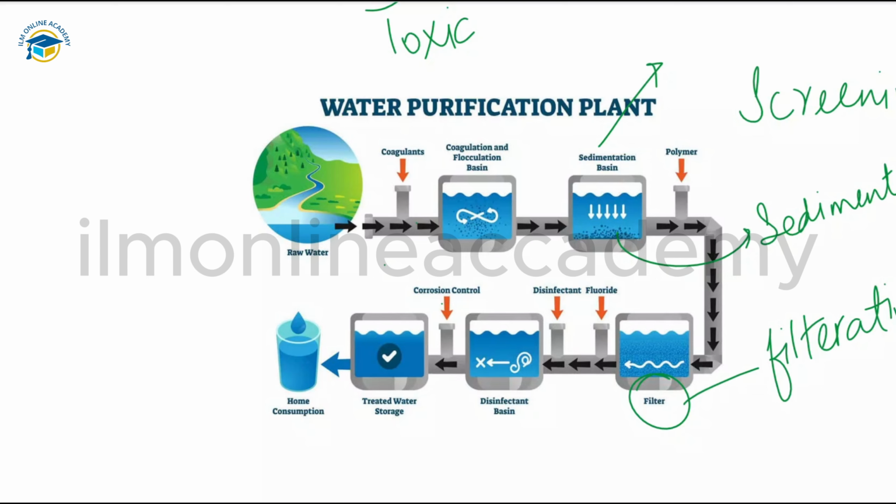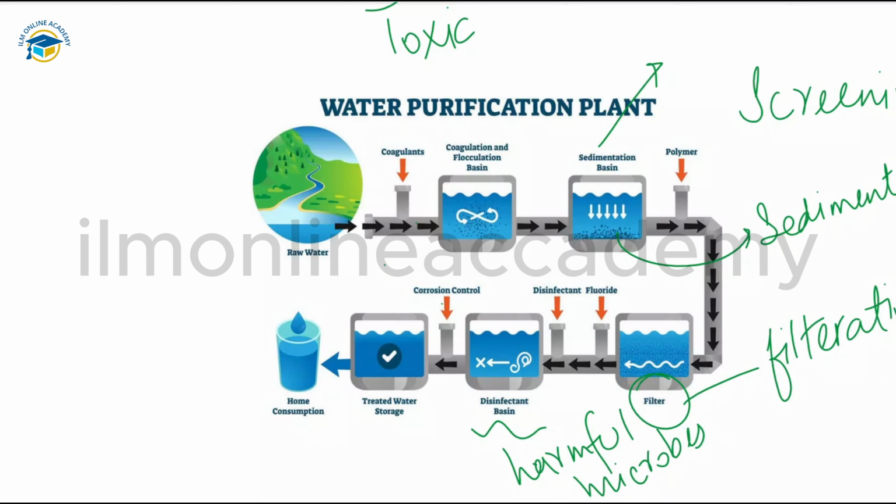Before water is distributed to the home, the final step is disinfection. Disinfection is needed to kill the harmful microorganisms that are present there, waterborne microbes such as bacteria that can cause diseases.